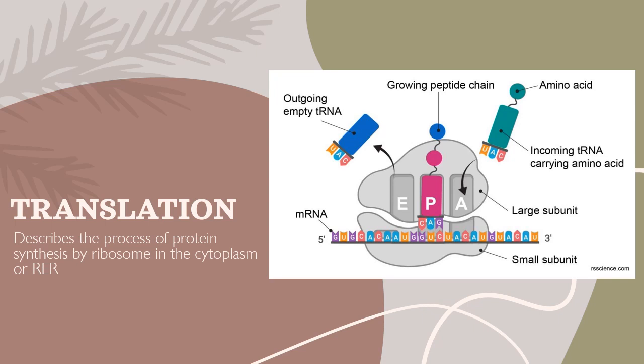Okay, and then the empty tRNA in the P site is freed and the ribosome moves to the next codon. And this process is repeated until your ribosome encounters a stop codon. I hope you can still recall this translation.